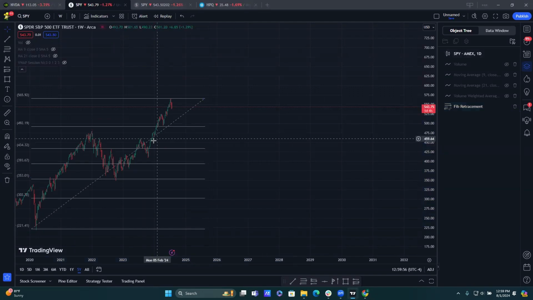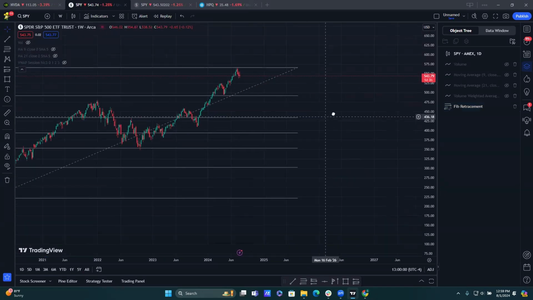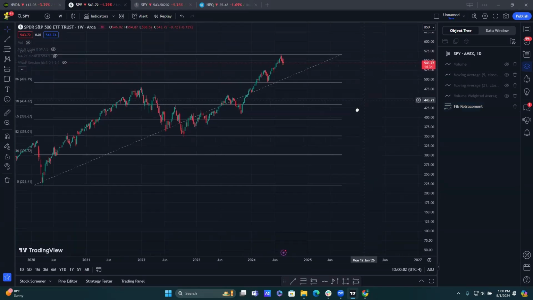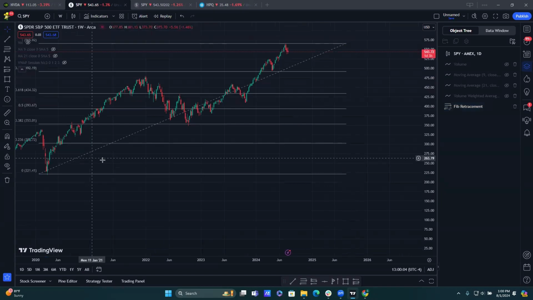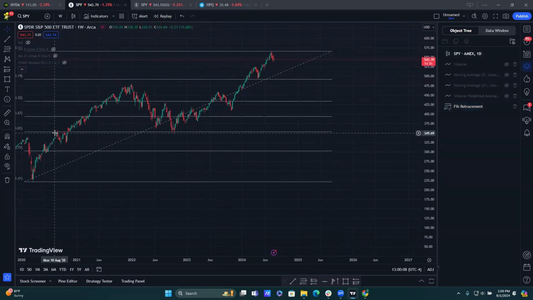Similar to the order blocks, it shows you those levels where there are high areas of resistance and support. So at this 0.382 level, we can see that the stock comes and hits it a few times. It hits it again here, and then it bounces back up.